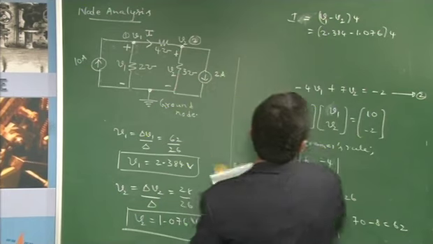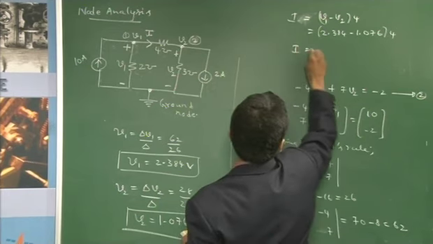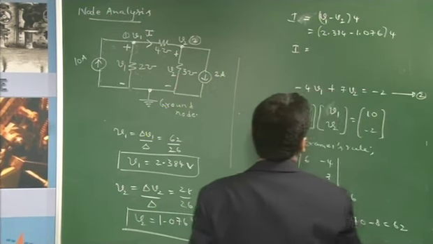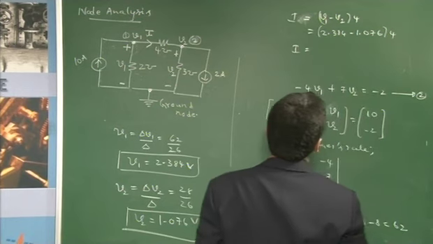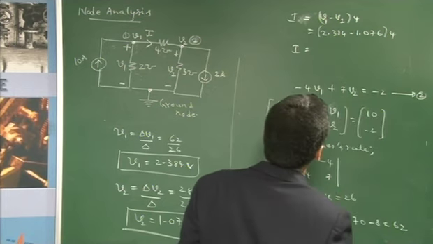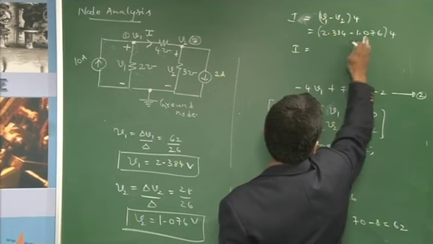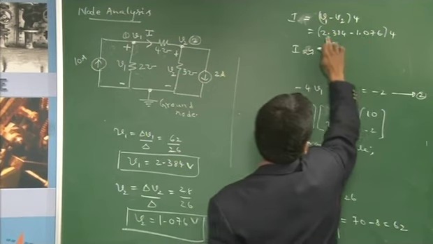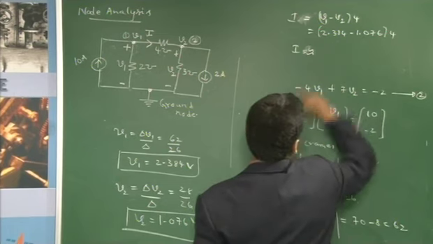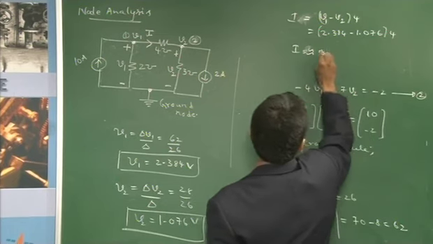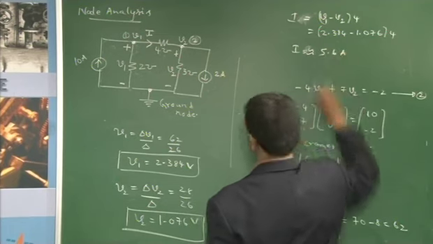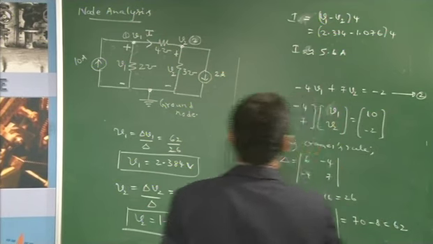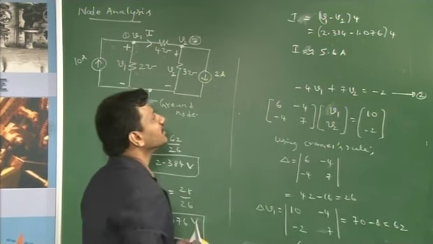Okay, so I will consider this as 2.4 and this as 1, roughly. So it will be 1.4 into 4, which is 5.6 amperes, roughly.